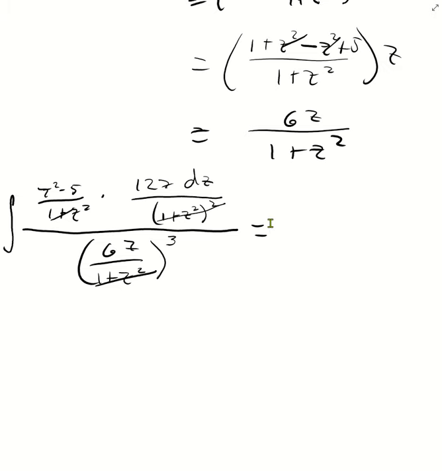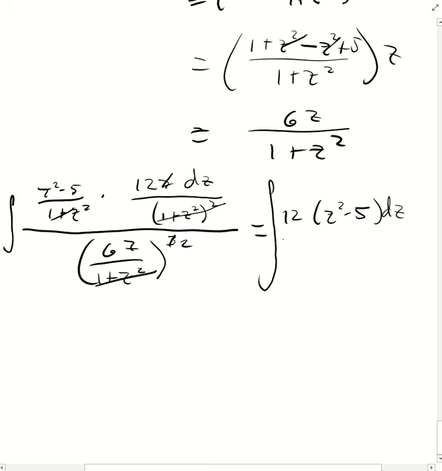We can also cancel out the z here and the other z here, and this will be 12 times the integral of z squared minus 5 dz all over 6 cubed, or that is 216 z squared. Then 12 divided by 216 will be equal to 1 over 18.